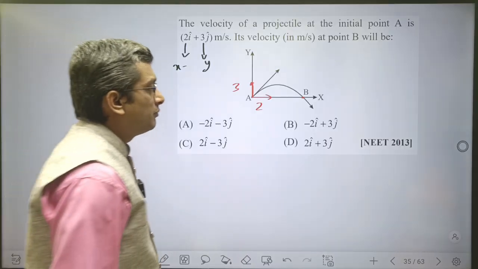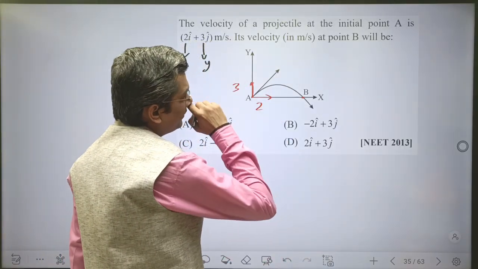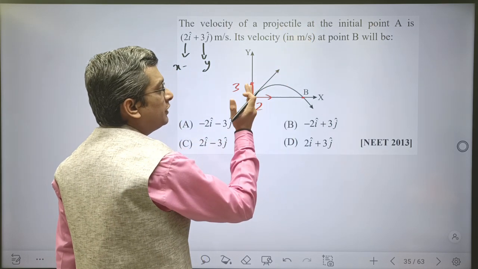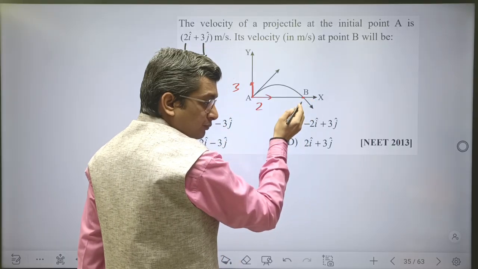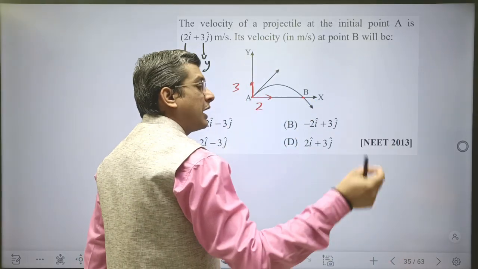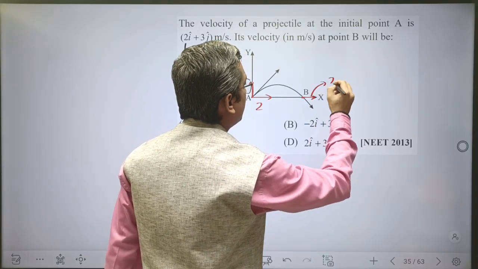But one more thing: speed is the same, but the direction of velocity differs. If you observe here, the projectile is moving upward, so one component is vertically upward. At position B, the particle is approaching the ground. It has the same speed, and its horizontal velocity will also be the same, that is 2.